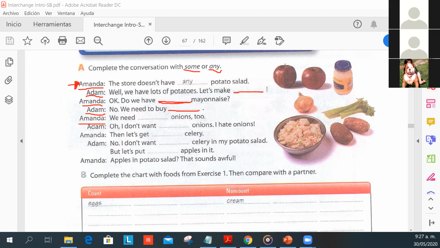I think Alejandra. Yes. We need some onions too. We need some onions too. Correct. Very good.